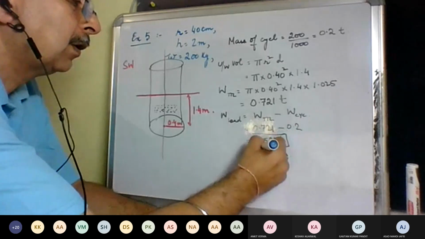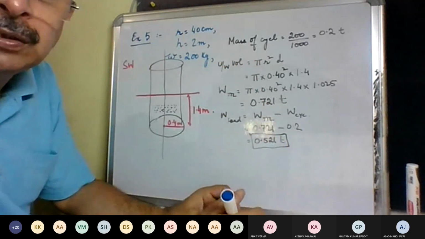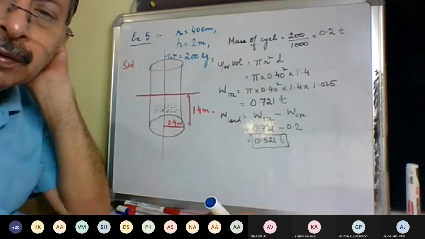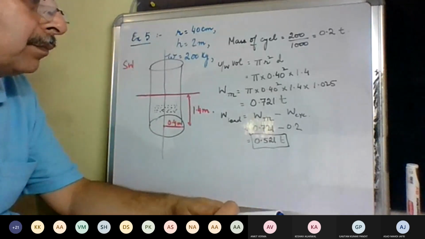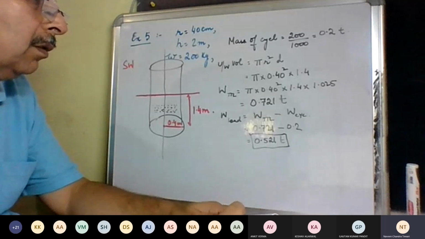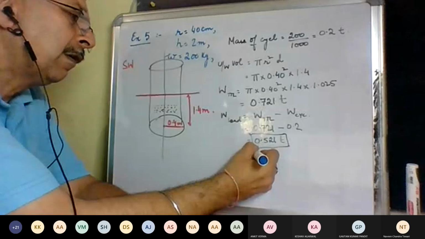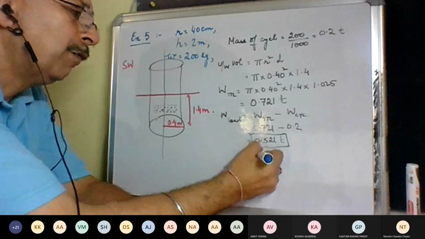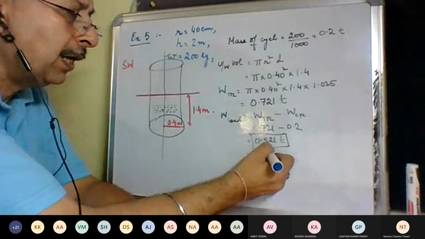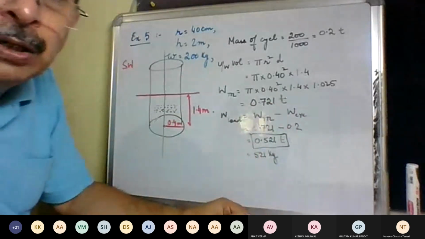This is the total mass of lead pellets that has been loaded in it, which is equal to 521 kilos. And if you go further in decimal, then it will come further. If you go longer in decimal, then so many kilos.